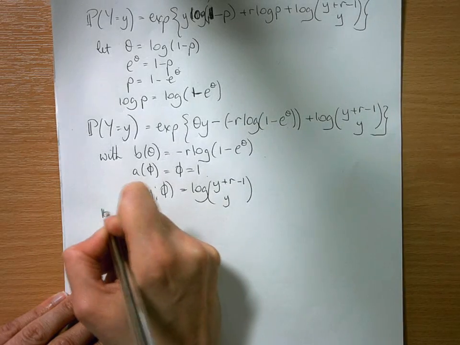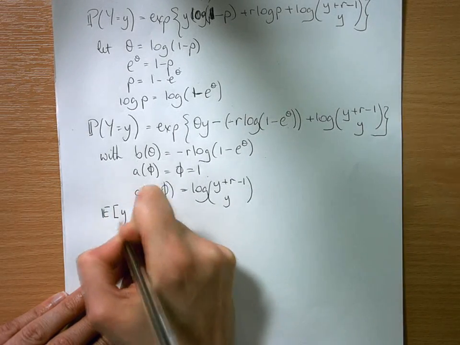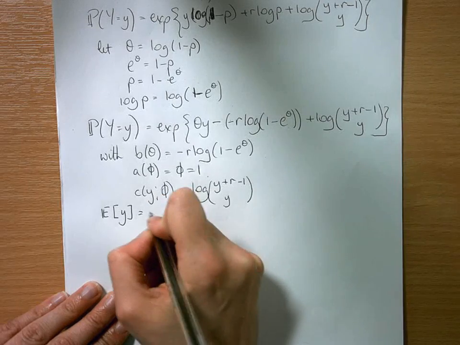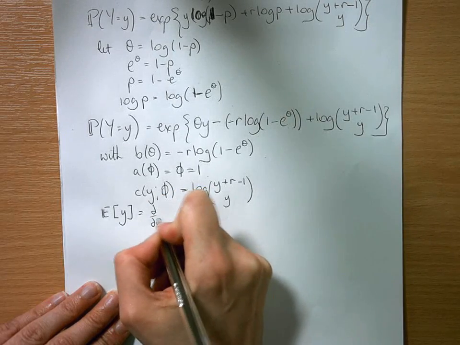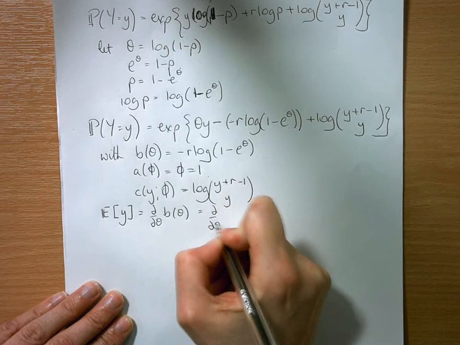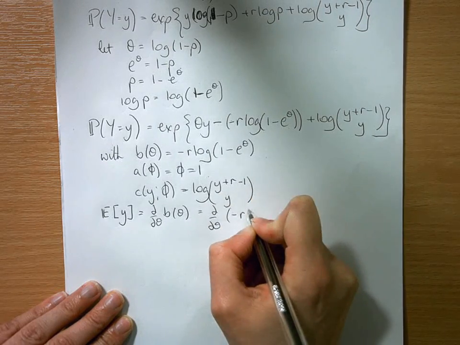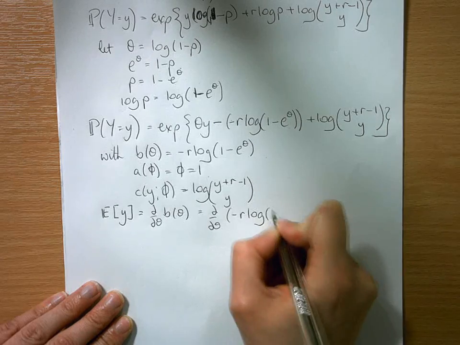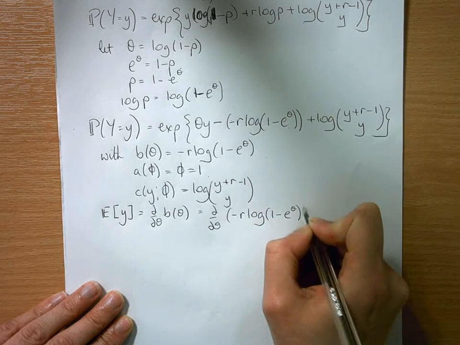So the expected value of y is the first differential with respect to theta of b of theta, which is d/d theta of minus r log of (1 - e to the theta).